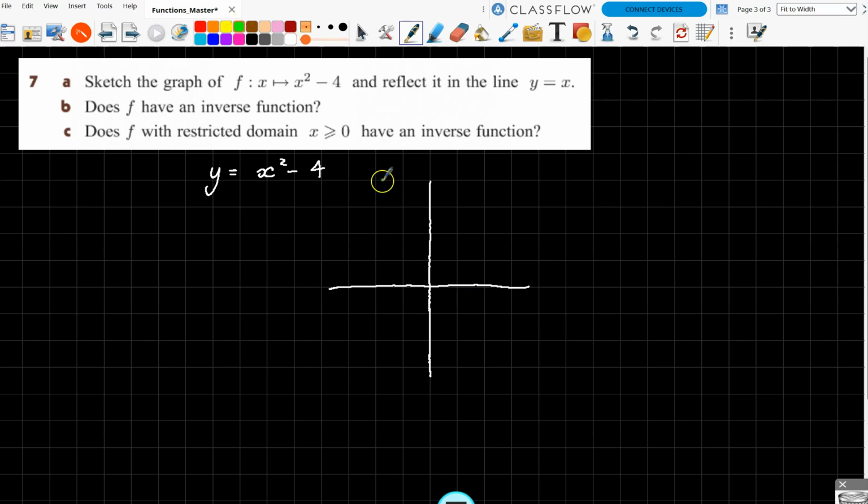So we know that good old y equals x squared, that smooth curve, is that one. And what does the -4 do? It just drops it down. Remember, your sketches do not have to be to scale, so I'm not counting 4 squares, but I am going to make an effort to make it somewhat symmetrical. So there, I just popped the -4, and then we know that this is y equals x squared take 4.